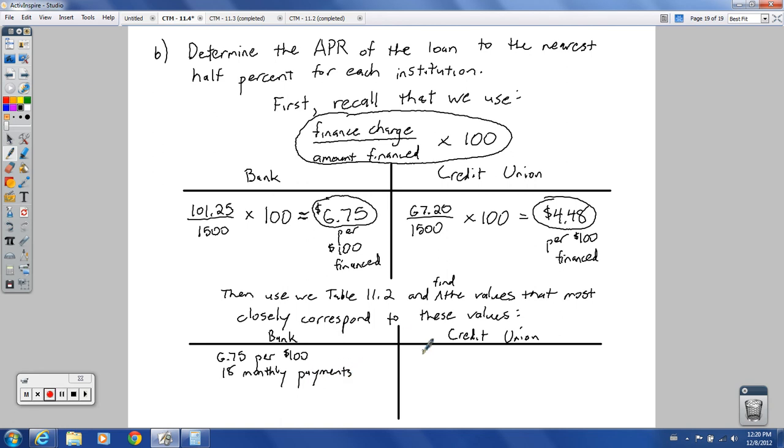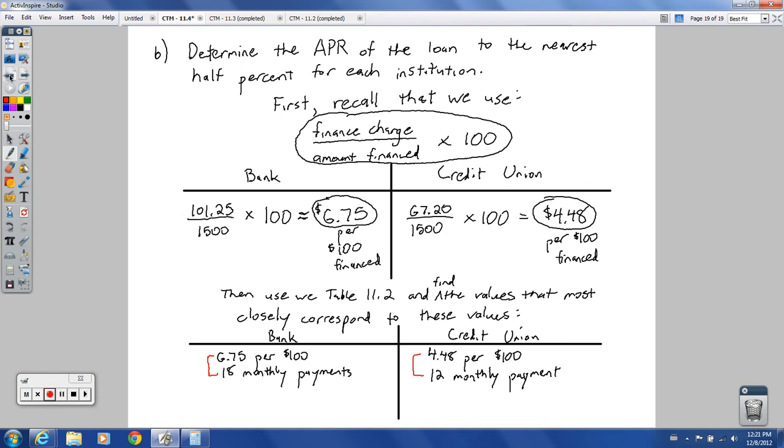Over here, we've got 4.48 per $100 with 12 monthly payments. And so I want to look at these two. Let's use a different color for this. Think of these two combined together.